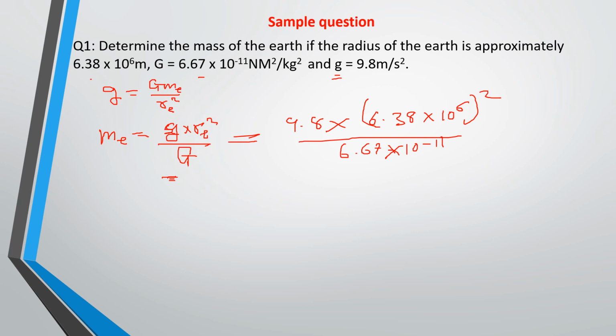Okay, so once you do that and calculate it, if you use your calculator to work all this out, you will have that the mass of the earth, ME, is equal to 5.98 multiplied by 10 to the power 24 kg.